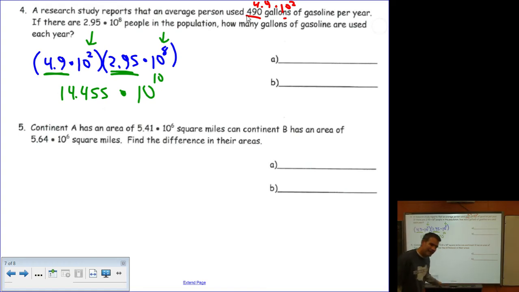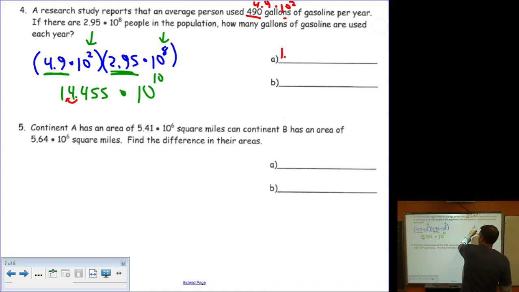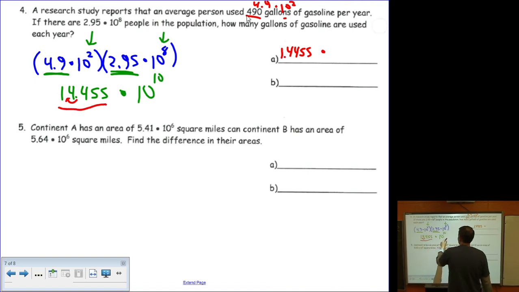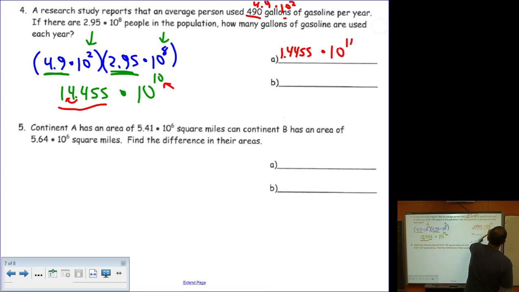That is the answer, but it is not in scientific notation. I need to move the decimal 1 spot. So this is going to be 1.4455. And since this number is getting smaller, the exponent must get bigger by 1 spot, times 10 to the 11th.